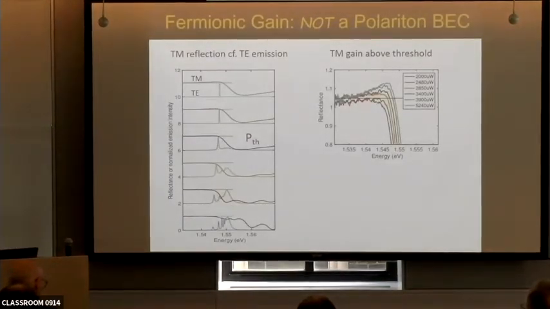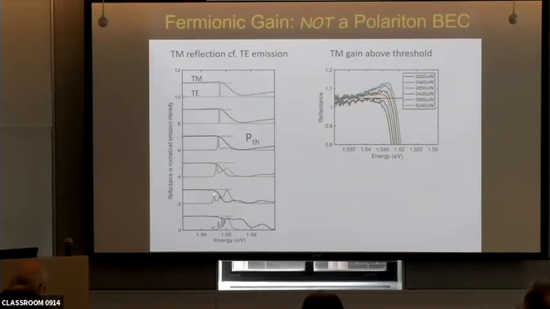If we look at now the TM spectrum, when we measure the reflectance, the solid line is the reflectance for the TM mode, while the dashed line is the reference of the TE emission. It's integrated over all angles, so you see different modes of the TE emission. At very low excitation power, we have the discrete exciton resonance that also coincides with the exciton emission.